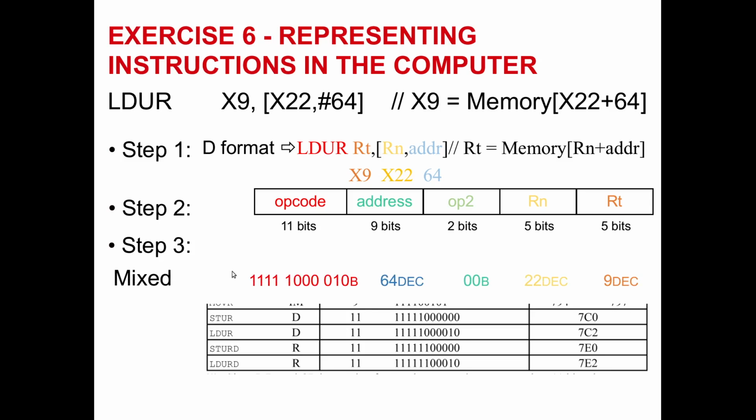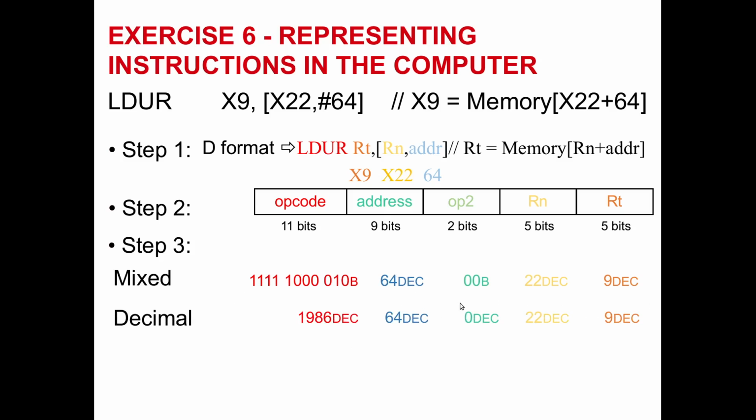And so the opcode written here, we just copy it from here to here. The address, we know that it is 64, so 64 here. This 0, RN is X22, so value 22 located here, and RT is X9, so we put 9 here, and we have the mixed code between binary and decimal.